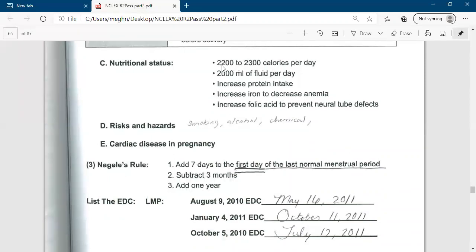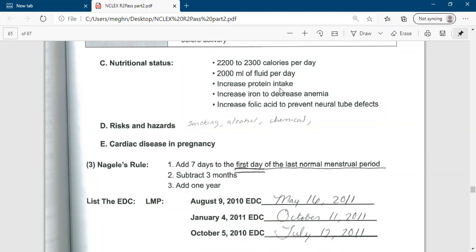It is 2200 to 2300 calories per day. What about the fluid? Minimum 2000 ml. 2000 ml means 2 liters; 1 liter equals 1000 ml. Also, the mother has to increase the protein intake and increase the iron.